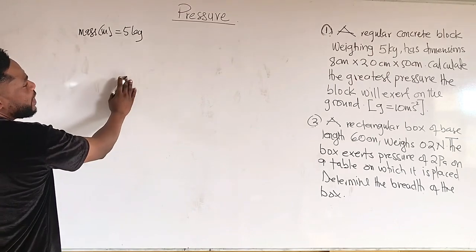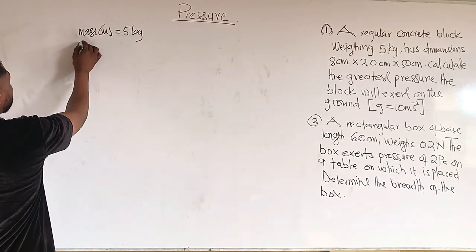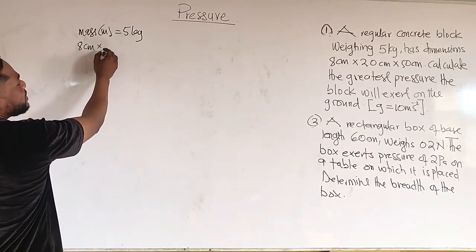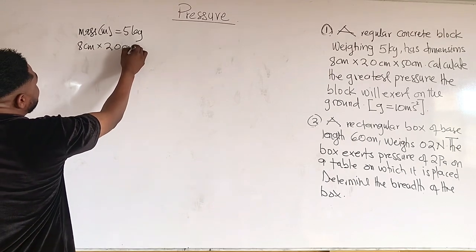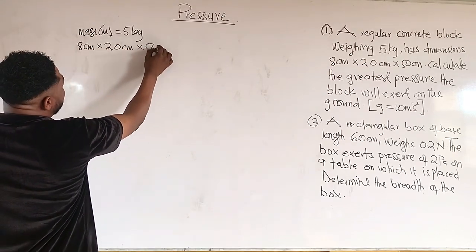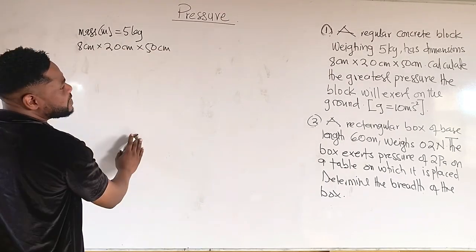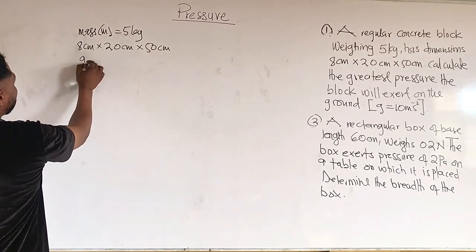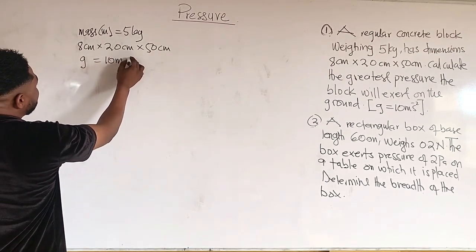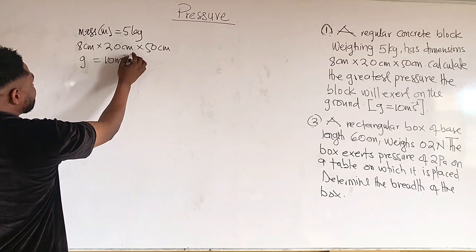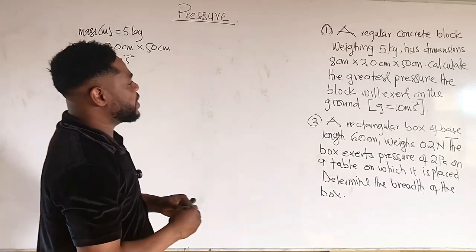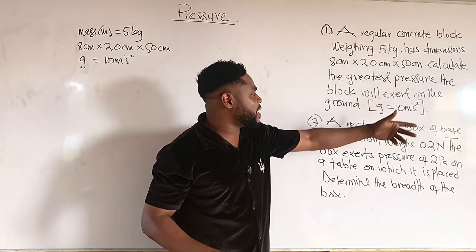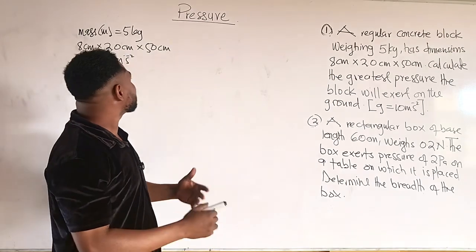And it has dimensions, which are 8 centimeters by 20 centimeters by 50 centimeters. And gravity is also given to us as 10 meters per second squared. And we have been asked to calculate the greatest pressure exerted by the block.